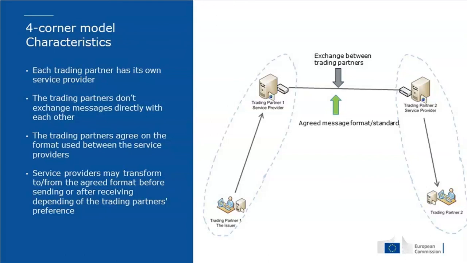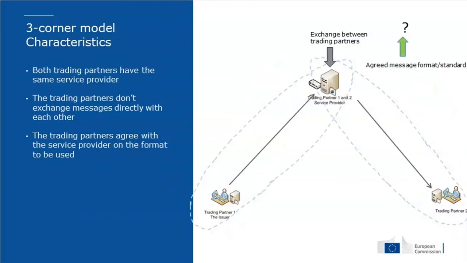The three-corner model means that the buyer and the seller are using the same solution. So I just upload my invoice and you download it, essentially, or I enter my invoice and you get it from the platform. This is a common solution.